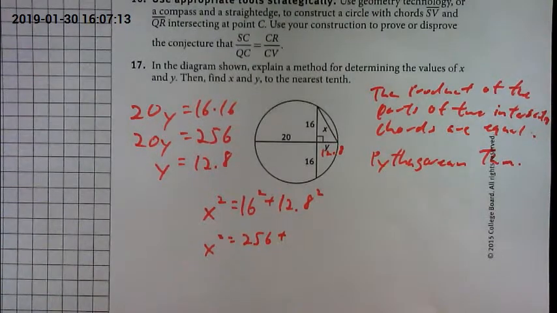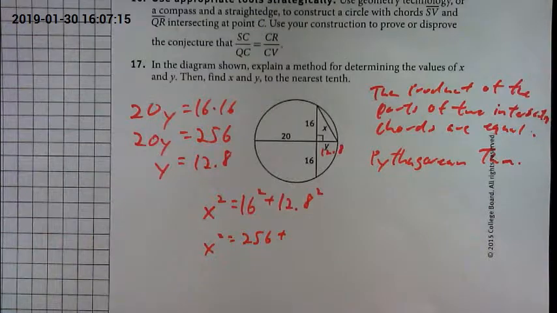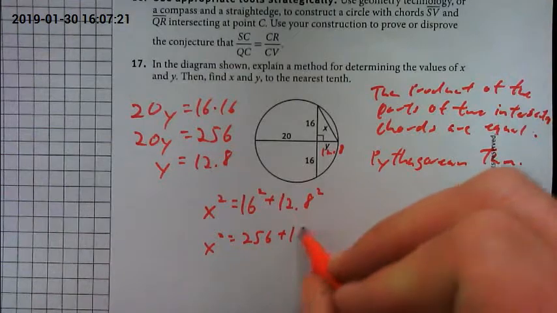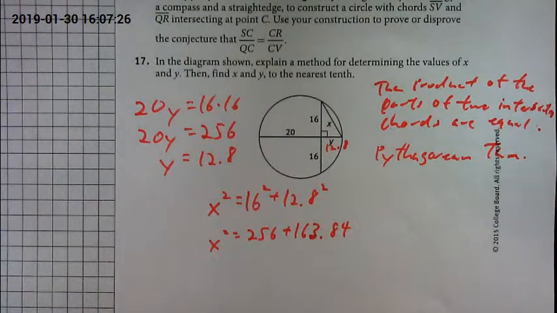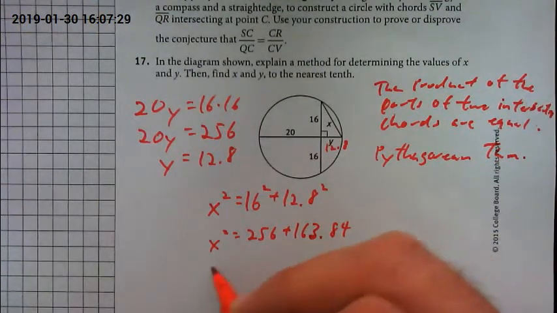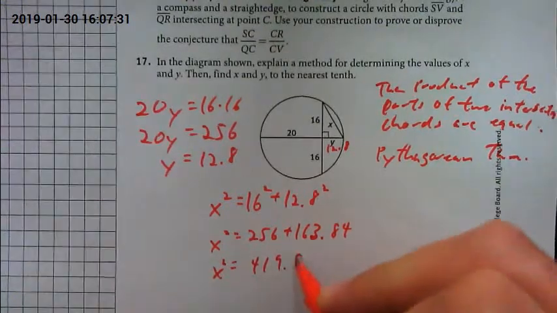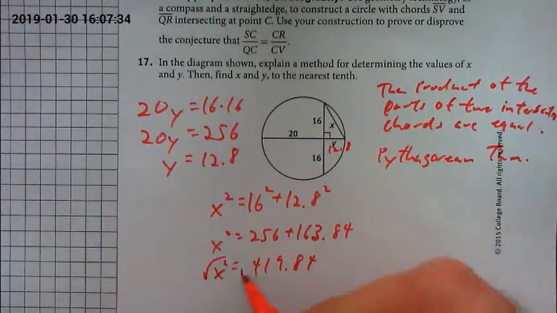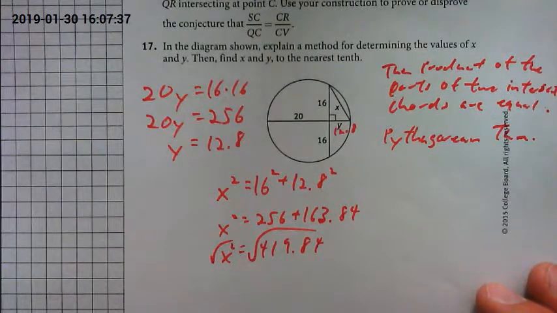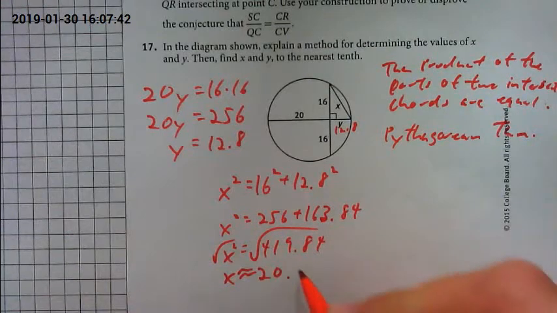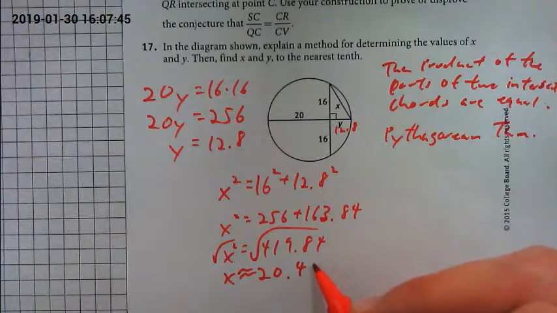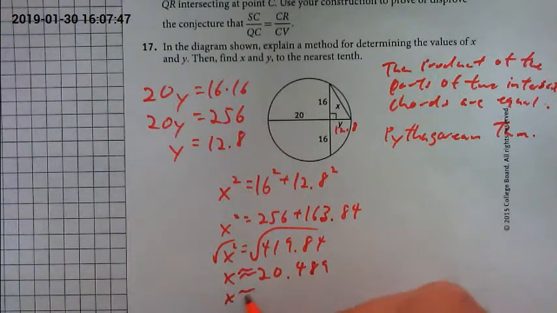Let's see, that's about 150 something. 12.8 squared is 163.84. Add that with the 256. It's 419.84. And square root both sides. And when you square root it, you get 20.489. Or you could round it off to 20.5.